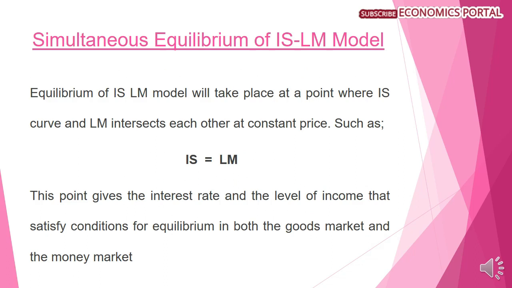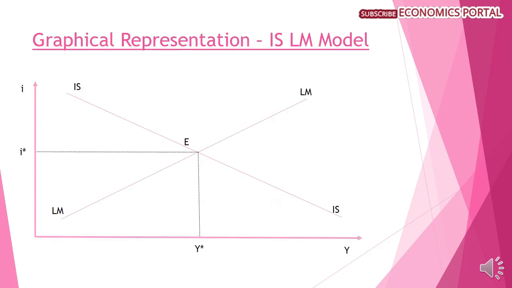Now let's have a look at IS-LM model, where the equilibrium exists. Equilibrium in IS-LM model exists where the IS is equal to LM. Lastly, here is the graphical representation of IS-LM model.